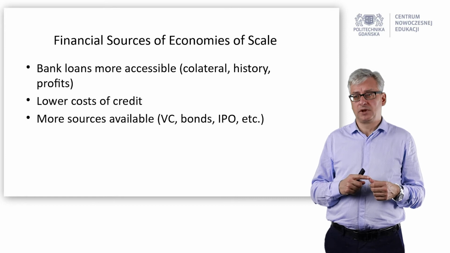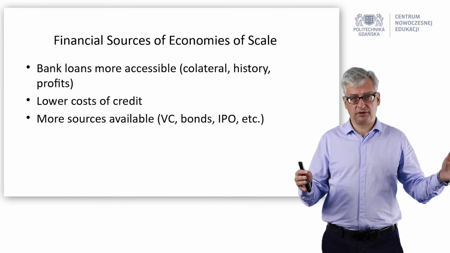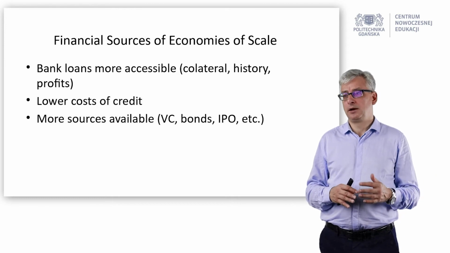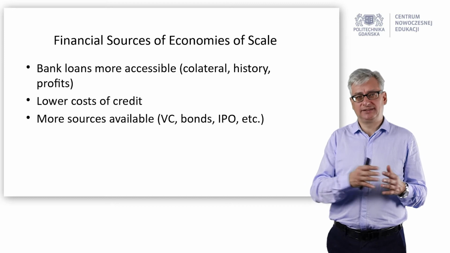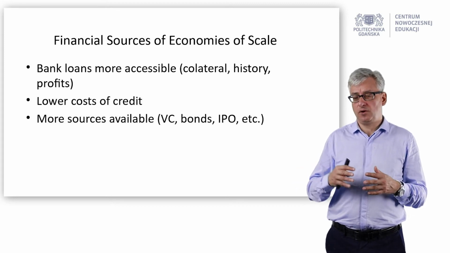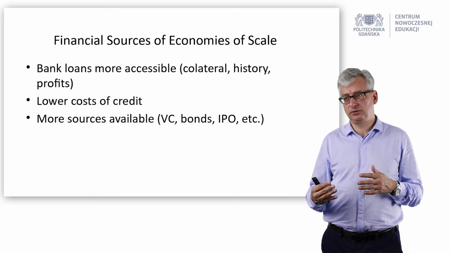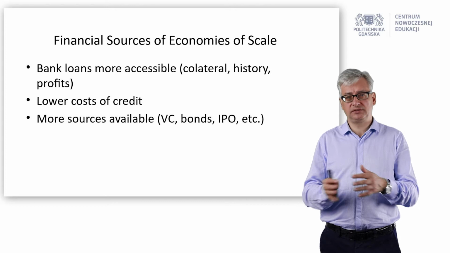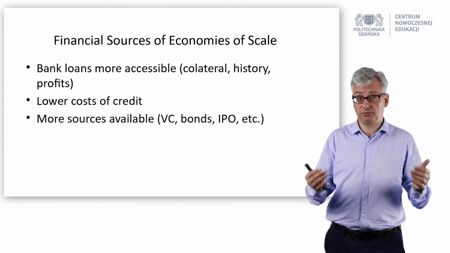Secondly, big companies are usually older. I mean, growing, becoming big takes usually time. So when a big business applies for a bank loan, it's got already some history that shows that this is a viable business.